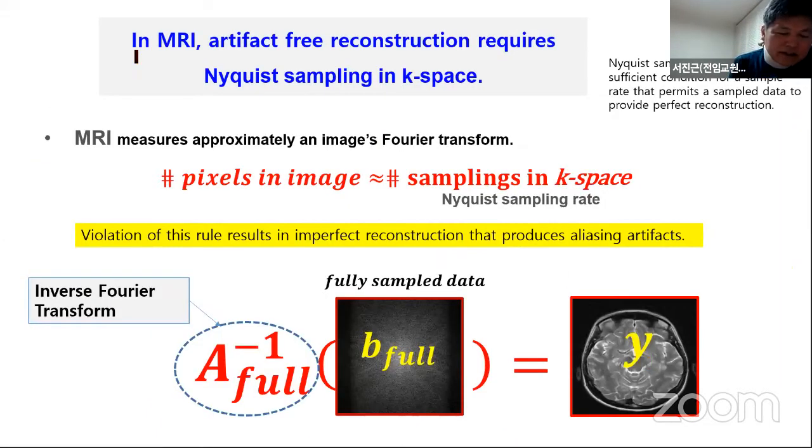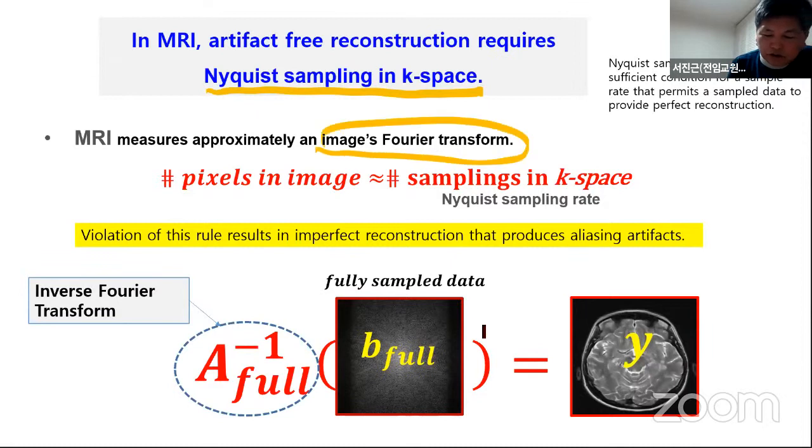In classical MRI, artifact-free reconstruction requires Nyquist sampling in k-space. The Nyquist sampling rate is the sufficient condition for the sample rate that permits the sampled data to provide a perfect reconstruction. MRI measures approximately the Fourier transform of the image, and the number of pixels in the image is approximately the same as the number of samples in k-space at the Nyquist sampling rate.